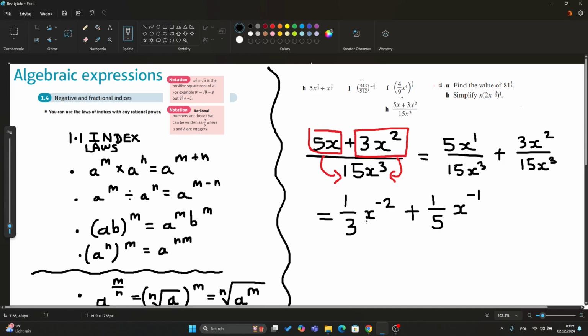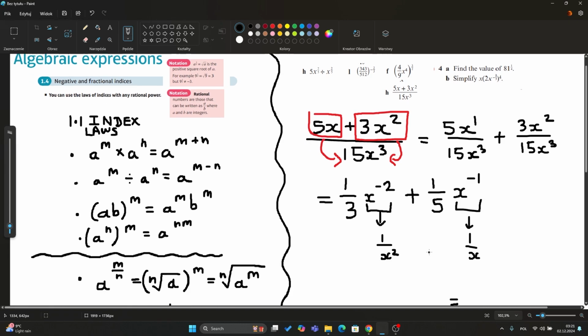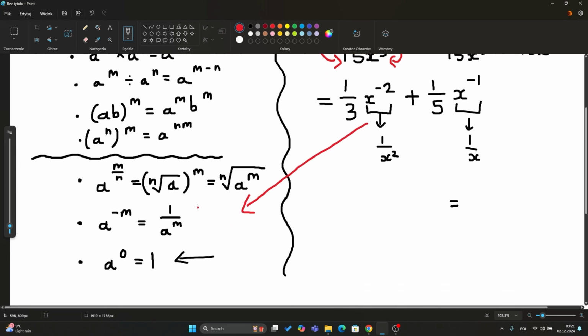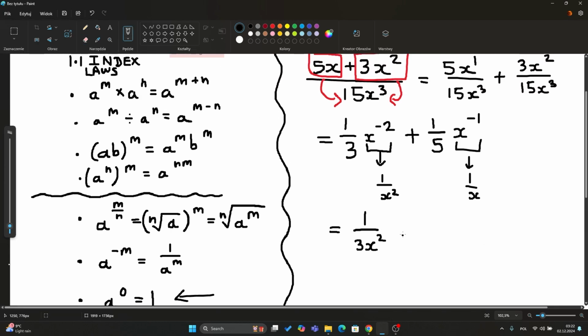Now what we can do is we can invert those to give us 1/x squared, and this one to give us 1/x, using the following rule over here. So what happens is we have 1/3x squared. Let's get rid of this. And also we have plus 1/5x.